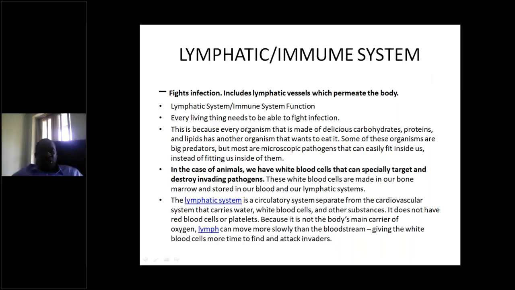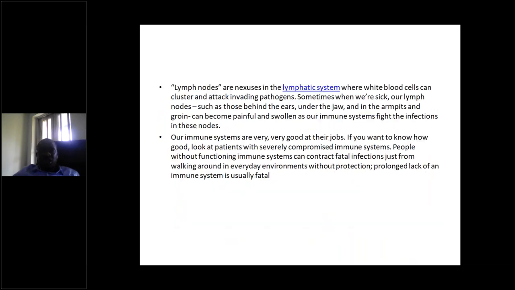The immune system is responsible for defending the body organs and the body structure. With the lymphatic system, the body is able to produce hormones into the bloodstream which help in fighting infection. So the lymphatic system is very important for the maintenance of the body's integrity.